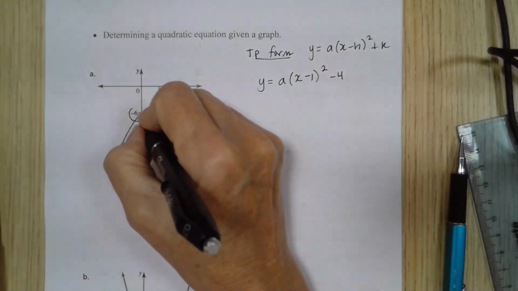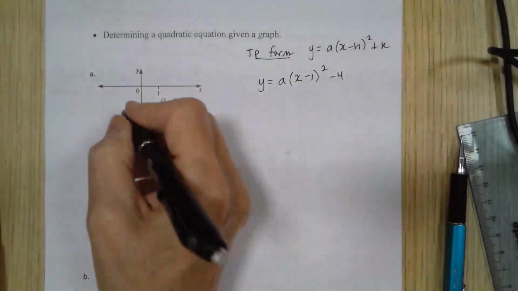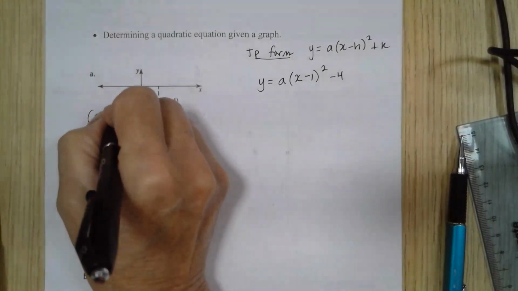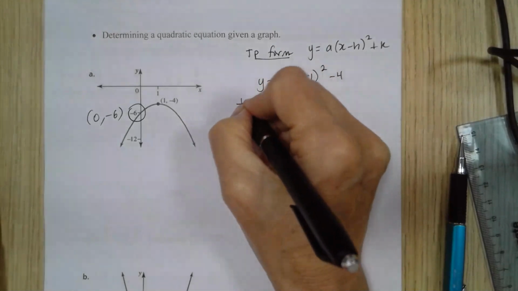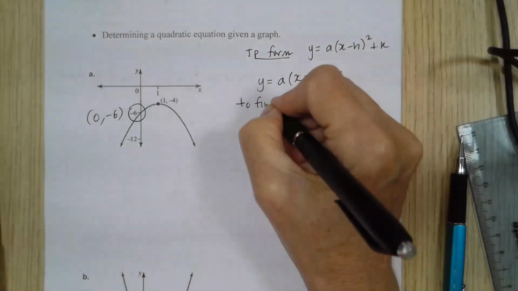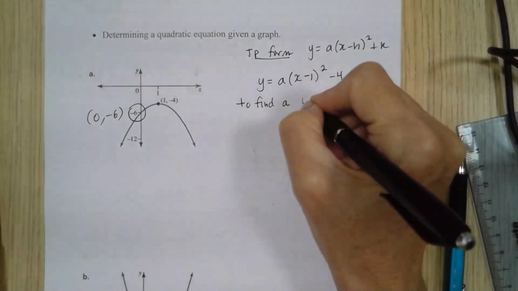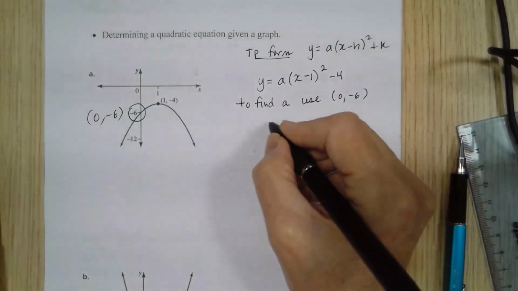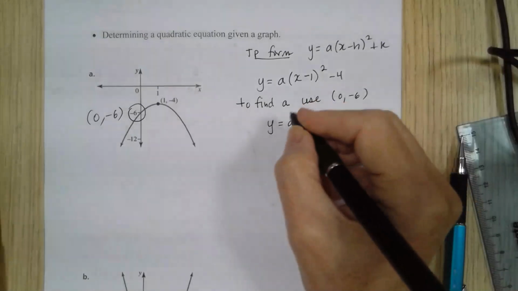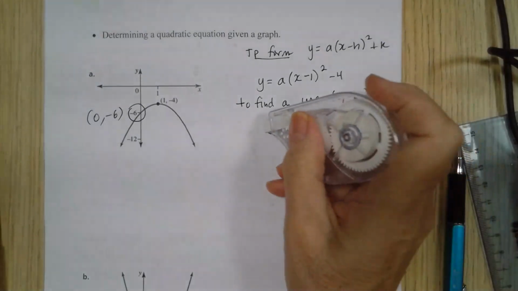So I'm going to use any point that I can see on the graph, and I can see that point there. That's the point 0, -6. So I'm going to use it in here to find a. So I'm going to actually write to the person marking, to find a, use 0, -6.